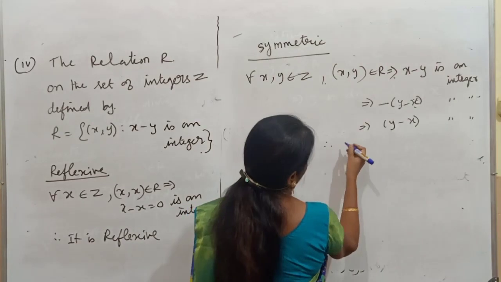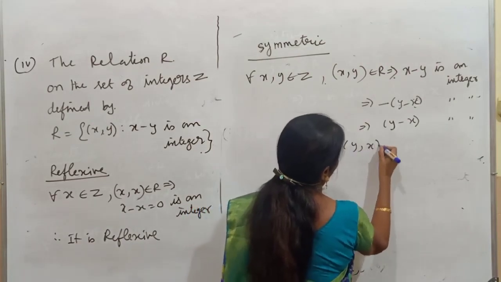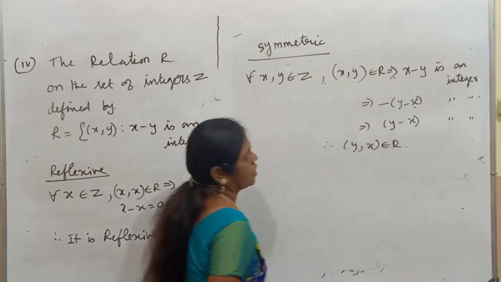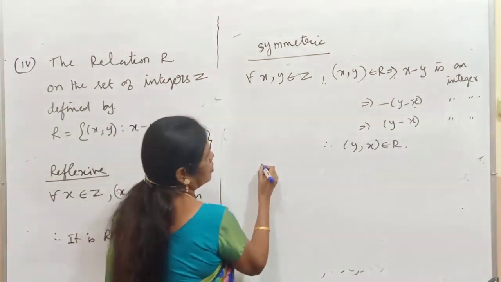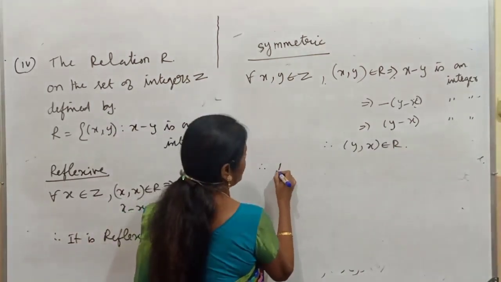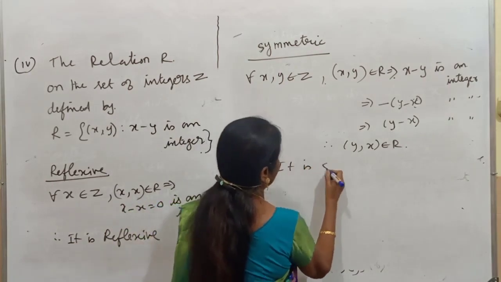Therefore, y, x belongs to R, which implies that it is symmetric.